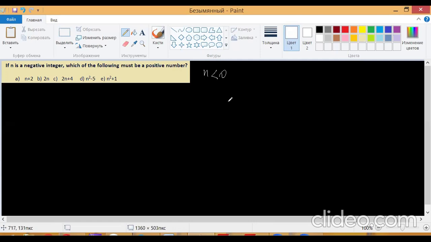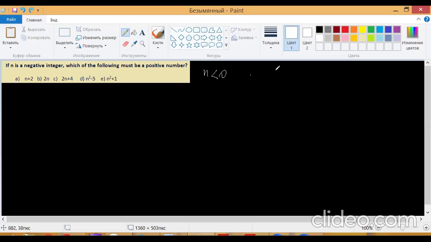Integers, for those whose native language isn't English, are such numbers as, for example, 1, 2, 3, -4, -10, etc. In this particular problem, n is not only an integer, but it's negative. The assignment is to choose the correct option.